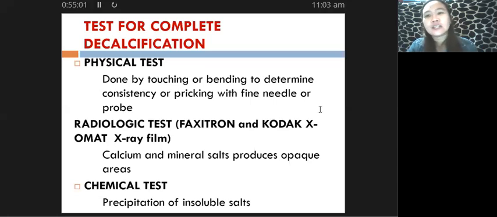Okay, so again, why do we need to test if the calcification is already complete? Why? Very good. Because we do not want your tissue sample to be in contact with your acid for a prolonged period of time.